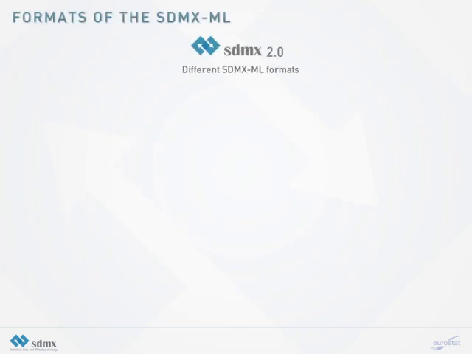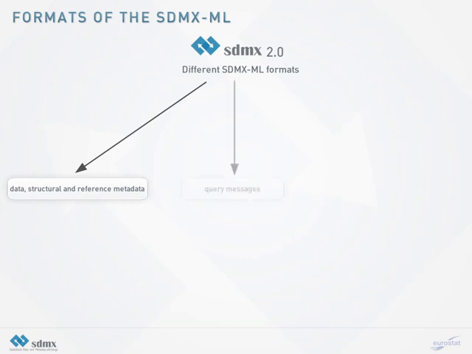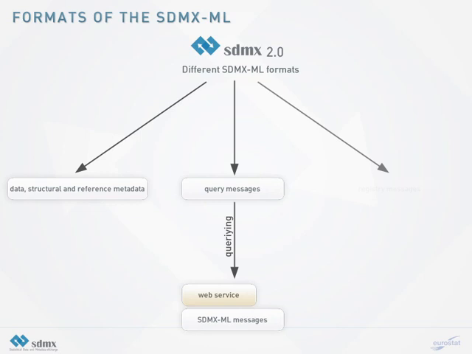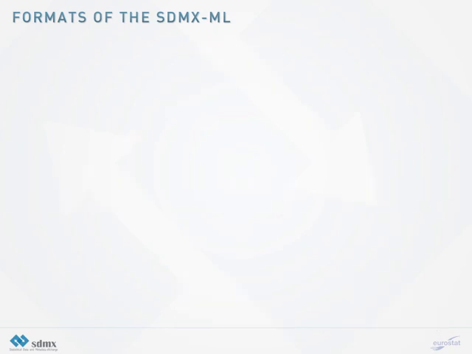The SDMX 2.0 standard offers different XML formats for the exchange of data, structural and reference metadata, query messages querying the different messages from a web service, and registry messages for the interaction with an SDMX registry or repository service.